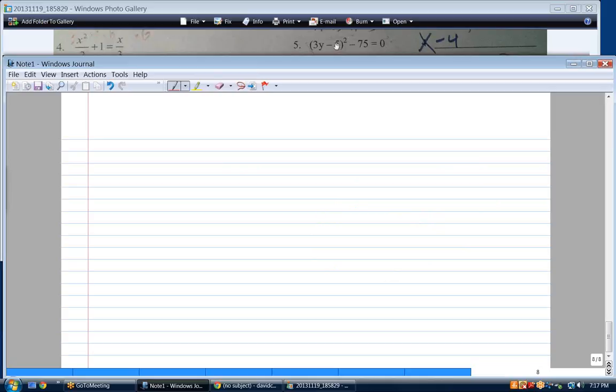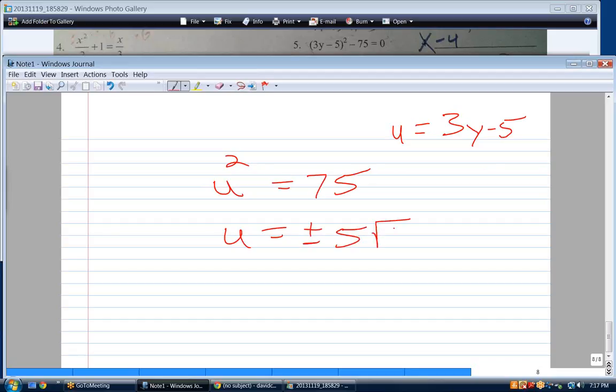Right. Let's take a look at number 5 using the concept of substitution. In other words, if I let u equal 3y minus 5, then what I really have is u squared equals 75. u equals plus or minus 5 root 3, and since u is 3y minus 5, then 3y minus 5 equals plus or minus 5 root 3, and solve it as we did the other one, the same way.